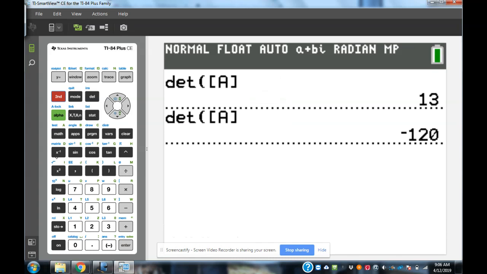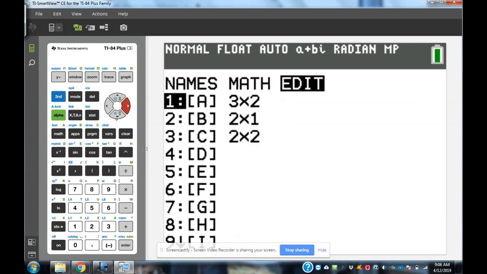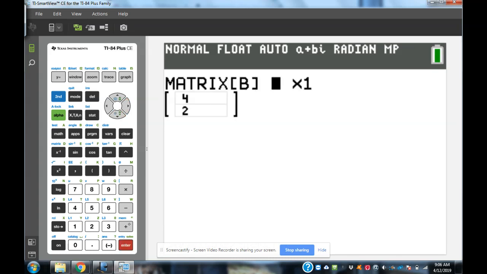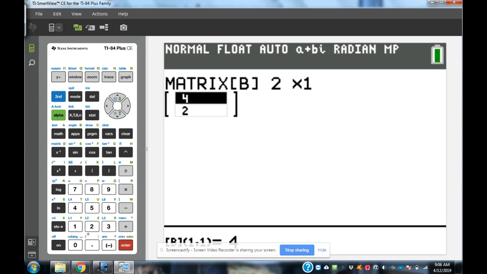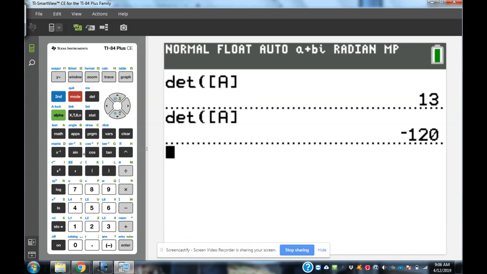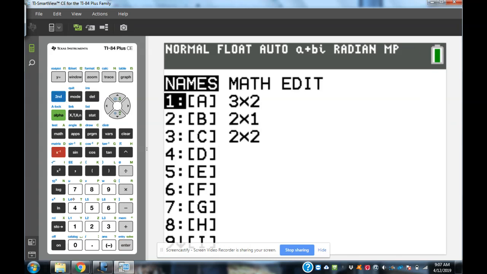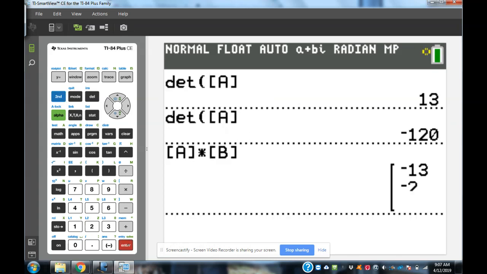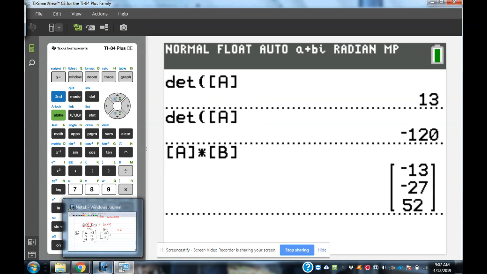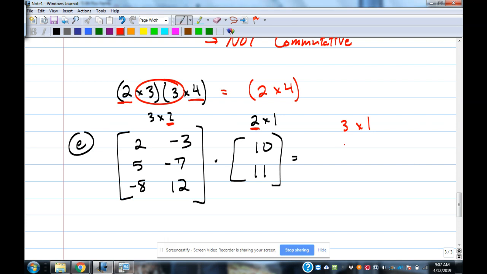And then I'd go back to the matrix menu, go to edit, and in matrix B, I've got a 2 by 1, with number 10 and number 11 in it. Wonderful, fun stuff. And then I'm going to tell my calculator to go second matrix, pick up matrix A times matrix B. And there I have -13, -27, 52, a 3 by 1, 3 rows, 1 column.